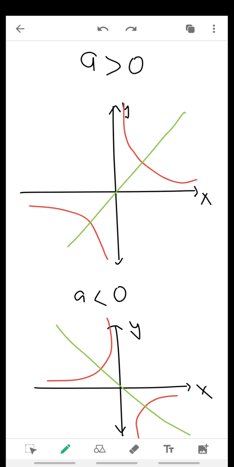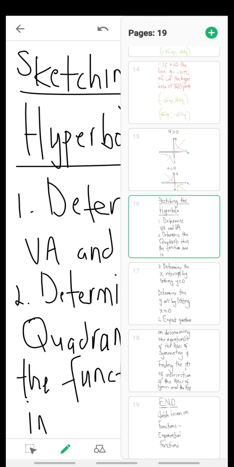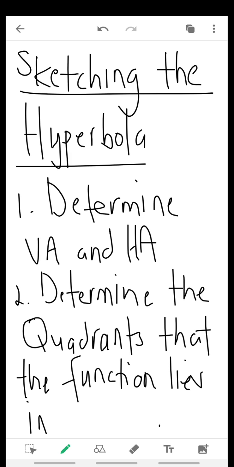Very, very important when we are finding these points, it's very important to note that the sign of a is not taken into account when calculating the point of intersection. So even if from the equation a is negative something, the negative you don't actually put under the root. You only take the value of a, not the sign of a. That is very, very important when you are determining the point of intersection.